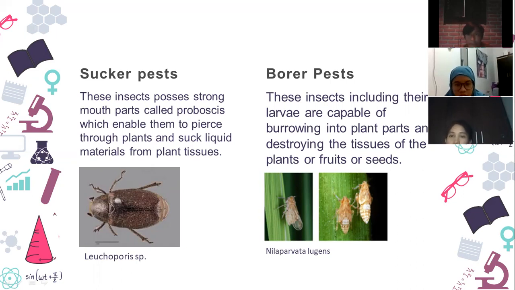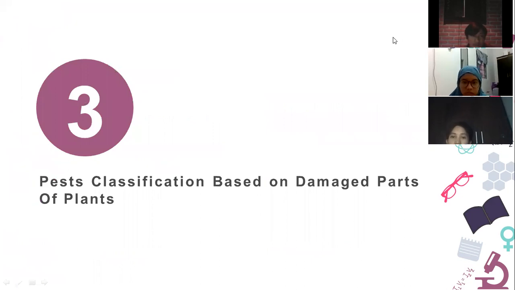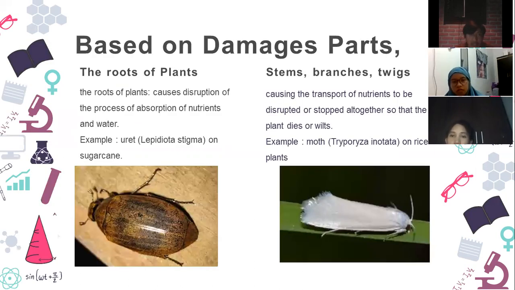Pest classification based on the attacked parts of plants. Number 1, in the roots of plants. Causes disruption of the process of absorption of nutrients and water.